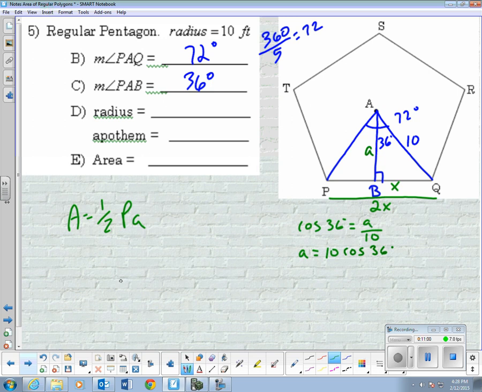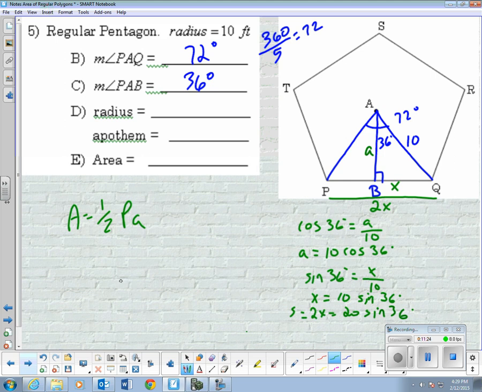I got to find x there. That's going to be sine. So the sine of 36 degrees equals x over 10. So x is going to equal 10 times the sine of 36 degrees, but that's only half the side. So if I want a side S, I got to do 2x, which will be 20 sine of 36 degrees.